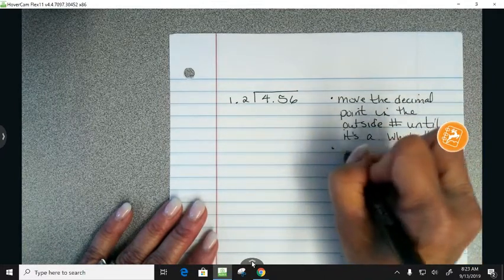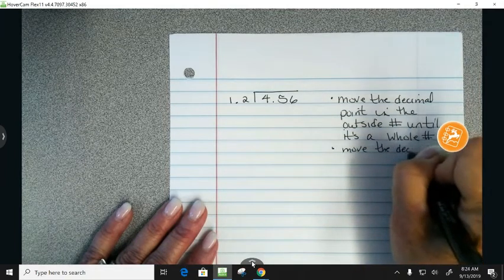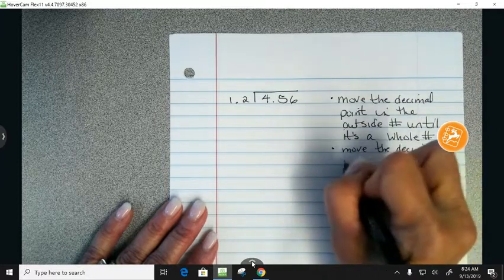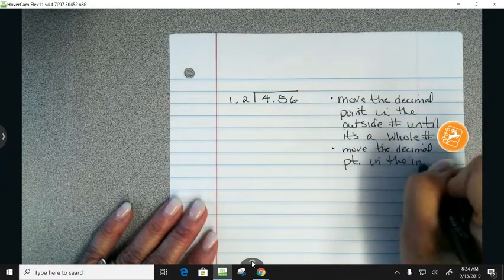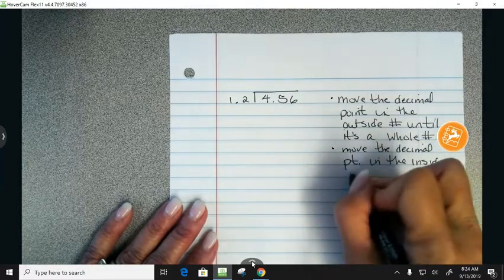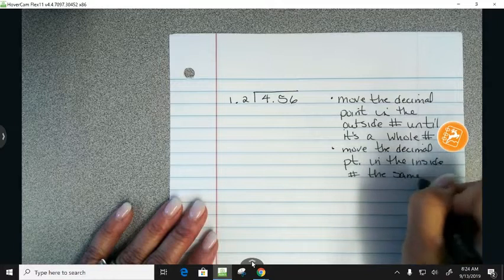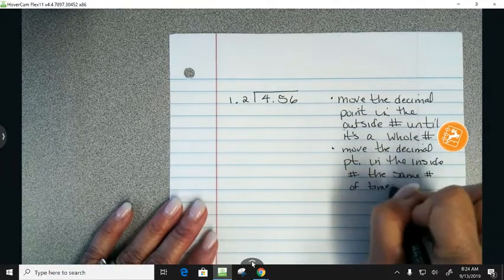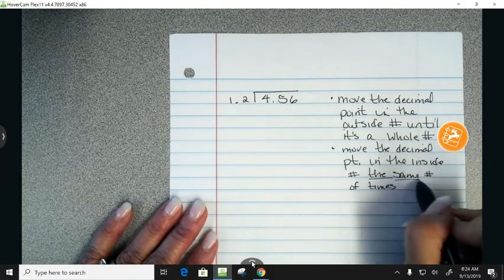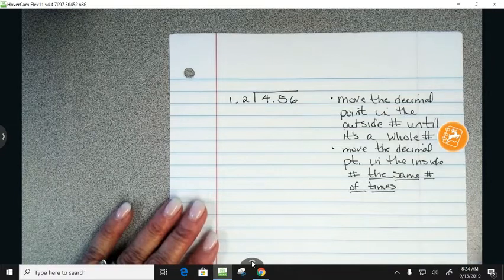After that, you need to move the decimal point in the inside number the same number of times. In that way, since you've moved them the same number of times, you're in effect keeping the numbers the same.